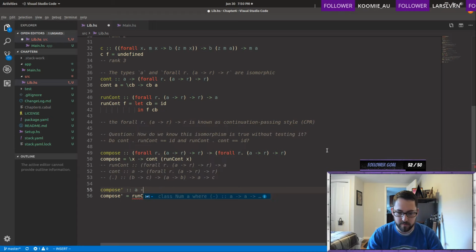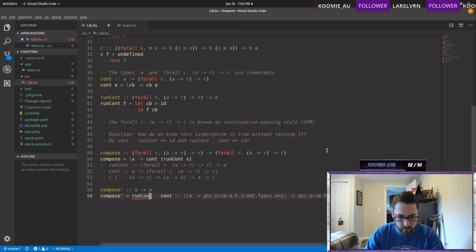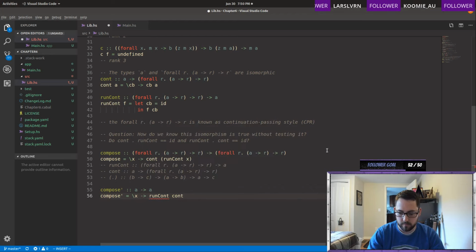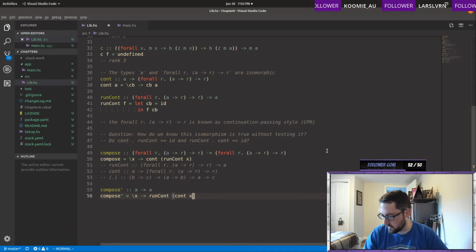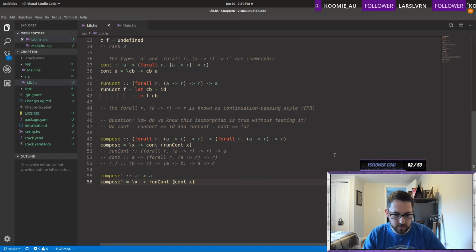So this should simply be A to A. I don't need a for all here, and I probably need to do something like this. Bam. And it just kind of works. That's okay.